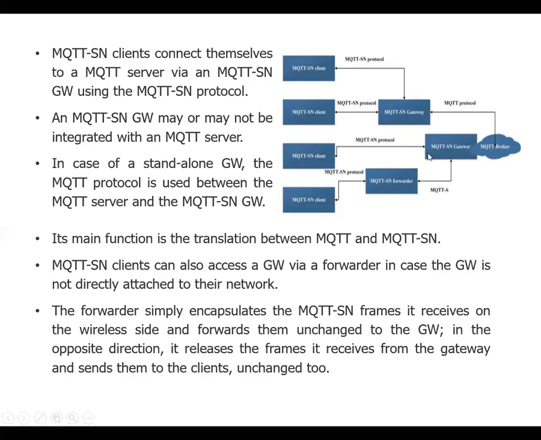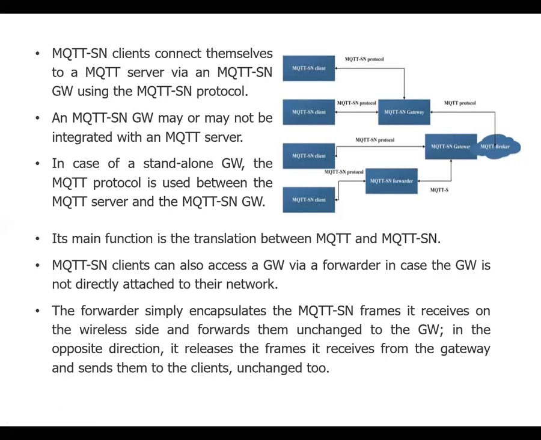I can see an example that is not connected to the gateway. In case of a standalone gateway, the MQTT protocol is used between the MQTT server and the MQTT-SN gateway. Why is the gateway there? The gateway is there because it needs to translate, because the protocol or some other structure is different, so for smooth communication, there needs to be something in the middle that can translate between MQTT and MQTT-SN.